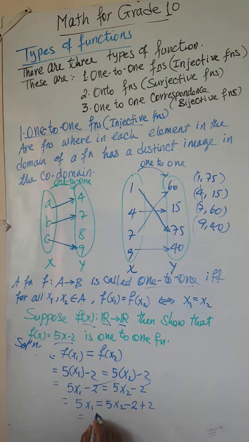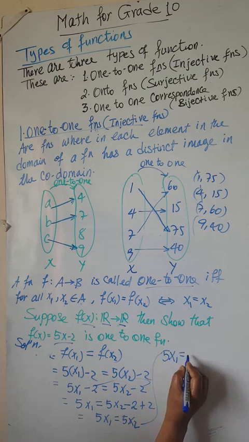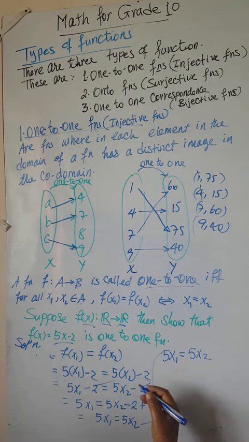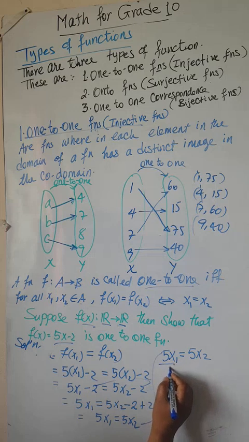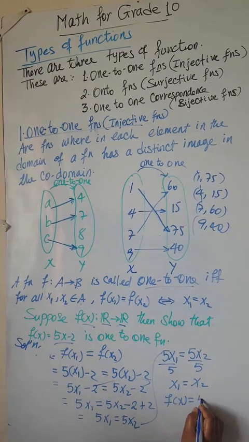This is to mean 5x1 is equal to 5x2. ሁለቱንም ሳይድ በ5 እናካፍለው. Divide by 5. Then x1 is equal to x2. ይሄ ምን ይሰጠናል? f of x, which is equal to 5x minus 2 is injective or 1-to-1 function. 1-to-1 function ነው ማለት ነው.